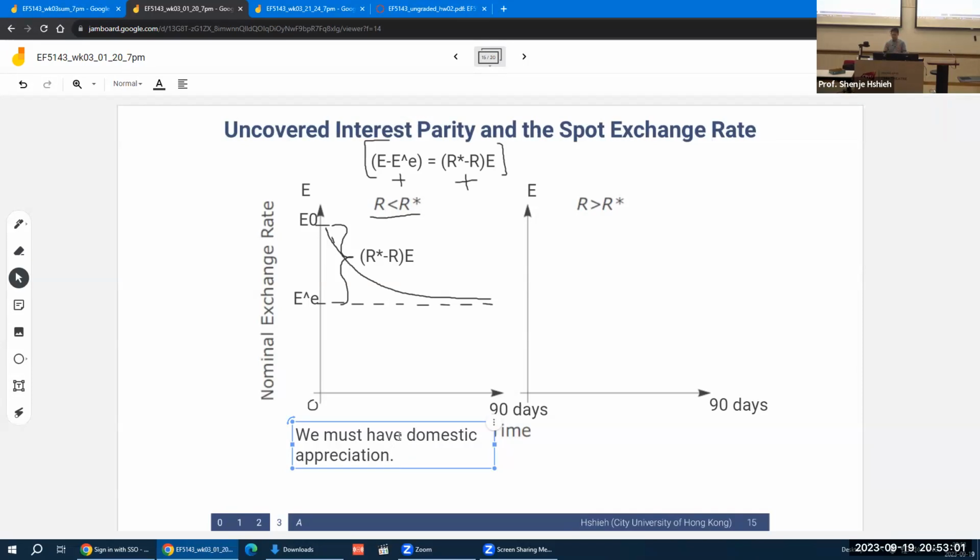So kind of get that burned into your brain, okay? So in order for UIP to be true, if there is an interest rate differential that's biased with preference for foreign interest rates, then our domestic currency must get stronger over time. Otherwise, UIP will be violated.